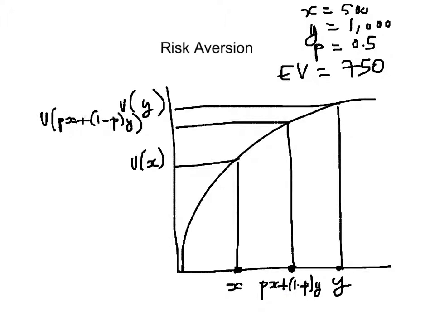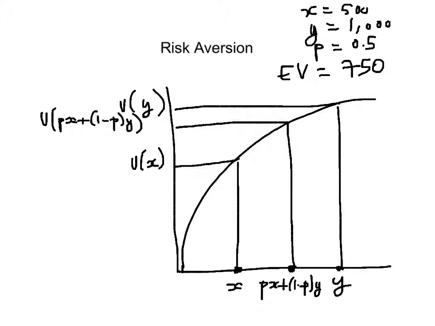So the utility of getting $750 is measured here. The question that we ask now is, what is the expected utility of taking on that gamble?